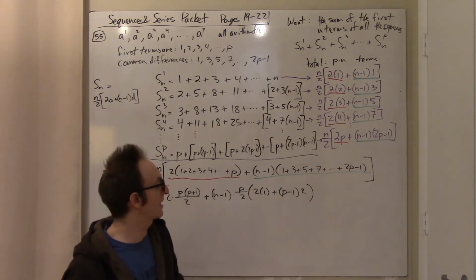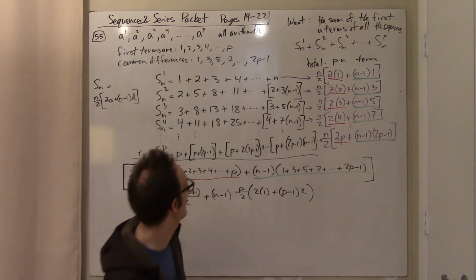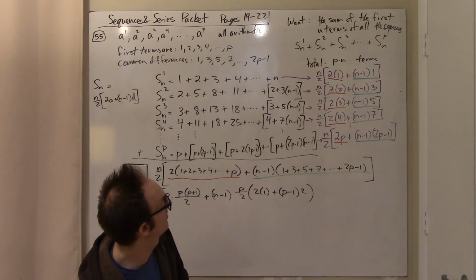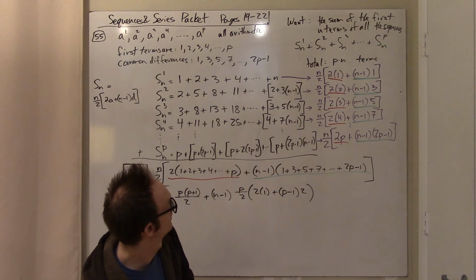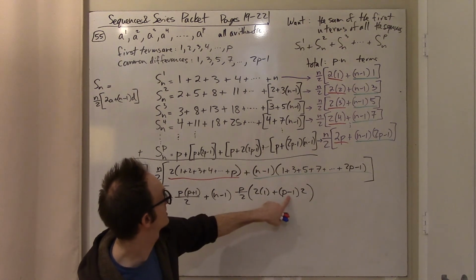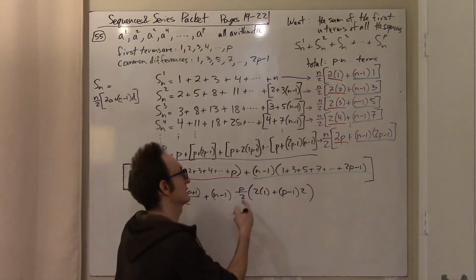So, am I right about this? Does this just become p squared? Well, let's just do it out.